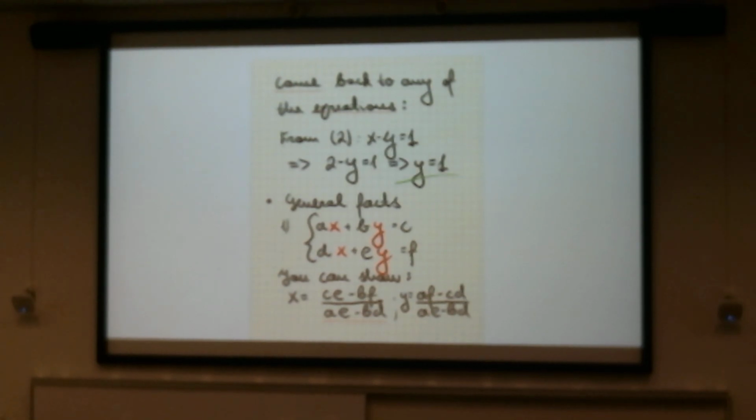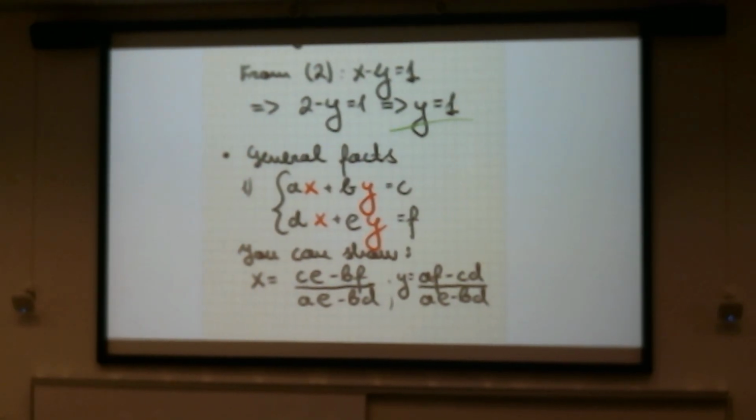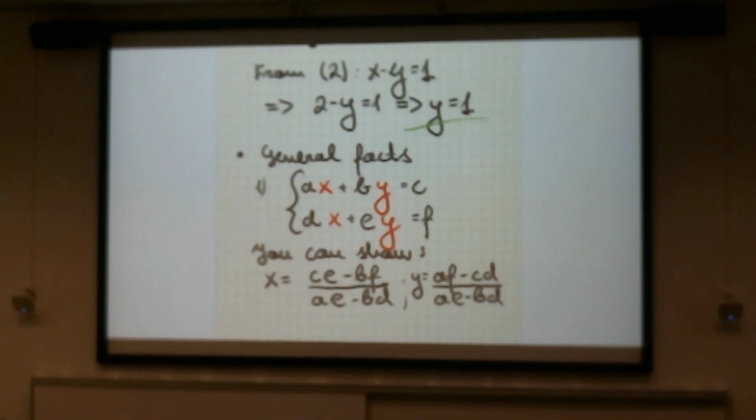All right, so let me go to the first case, no solution. When you look at these expressions, maybe you can give me a hint. When do you think the system is not going to have a solution? You should focus on these two expressions. x and y are expressed entirely in the coefficients of the system.